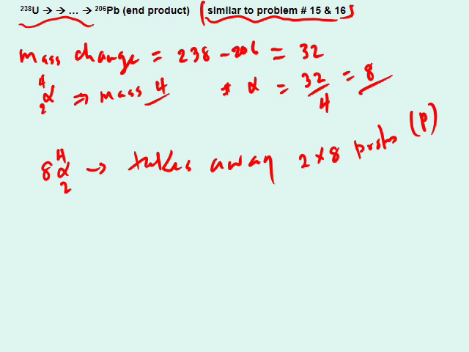If it takes away 16 protons from the 92 protons that uranium originally had, 92 minus 16 would leave 76 protons after decay of 8 alpha particles. 76 protons will be left, but lead has 82 protons.